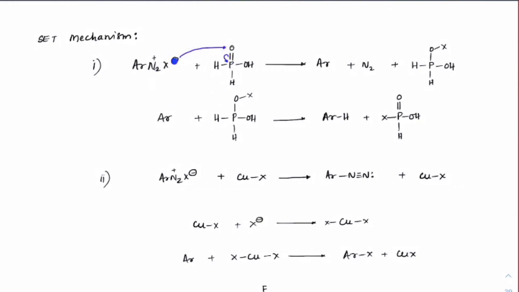So X minus attacking here, basically the pi bond shifts onto phosphorus, but it won't get a negative charge as such. So the electron has been left over with the phenyl group here. N2 has left, and whatever electron is coming onto phosphorus has been donated. So you will see this form immediately.